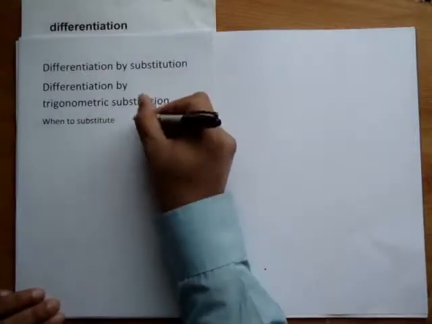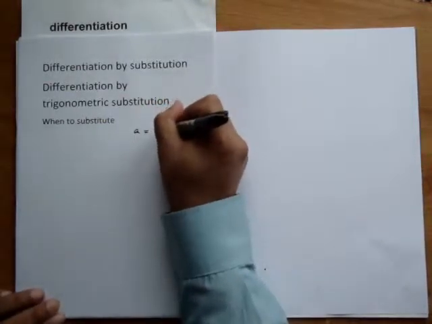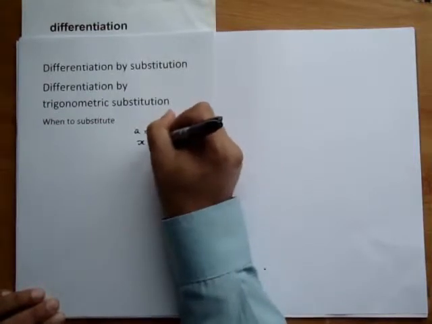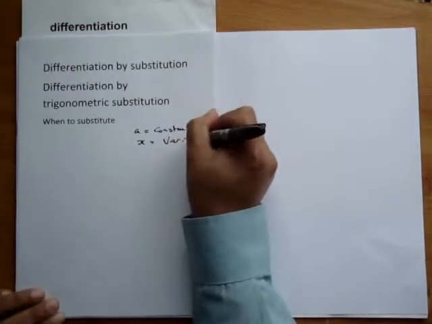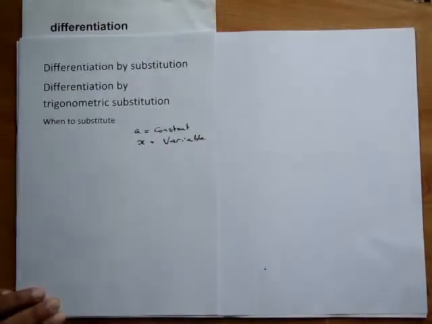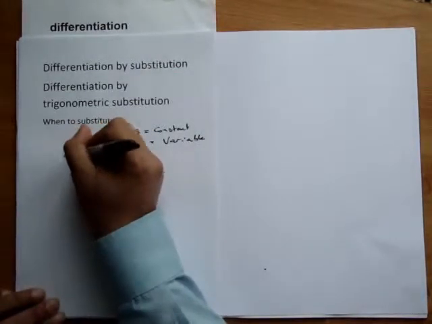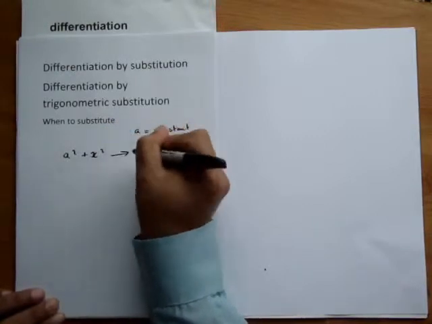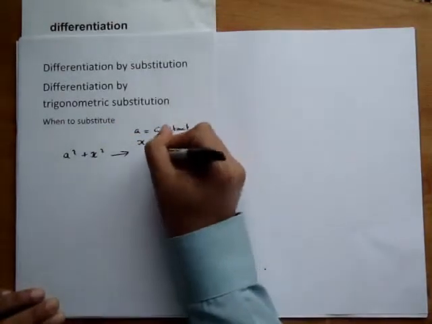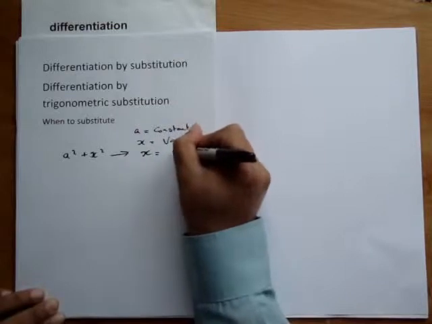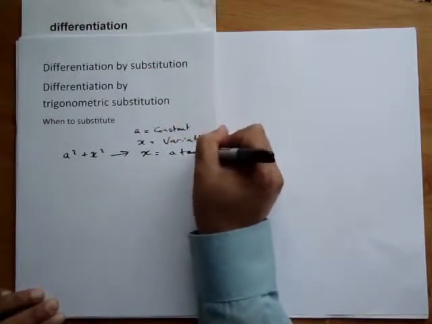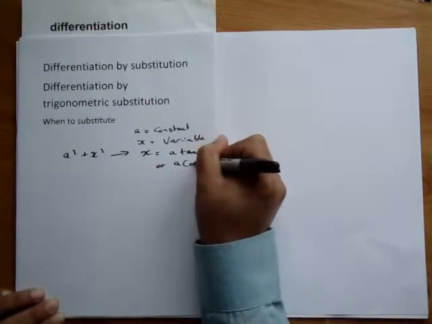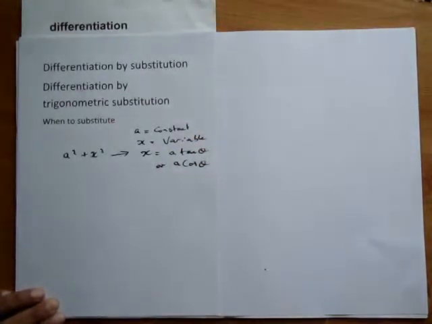So where a is a constant in a formula and x is the variable, if we have something that looks like a squared plus x squared, we can substitute x with a tan theta or a cot theta.